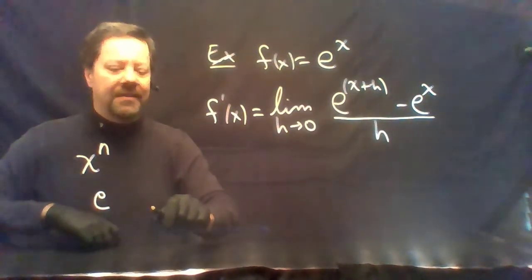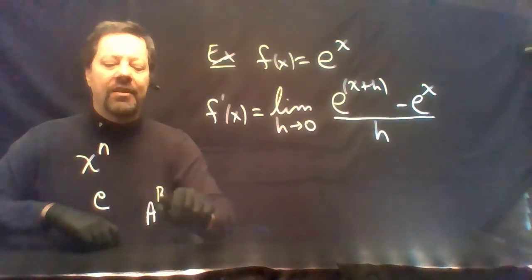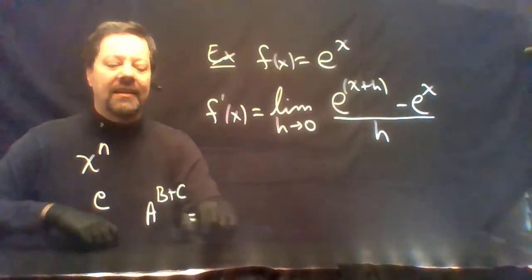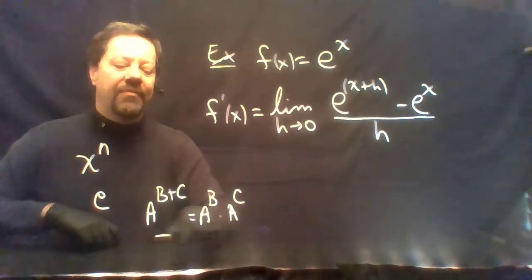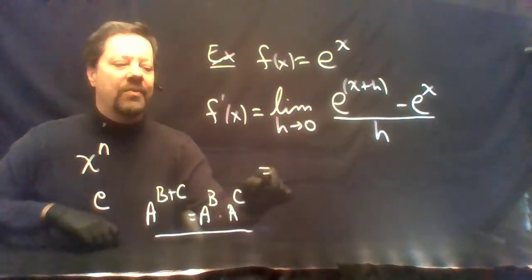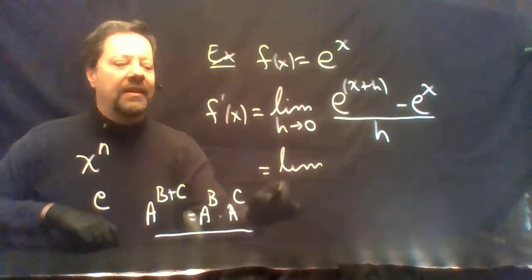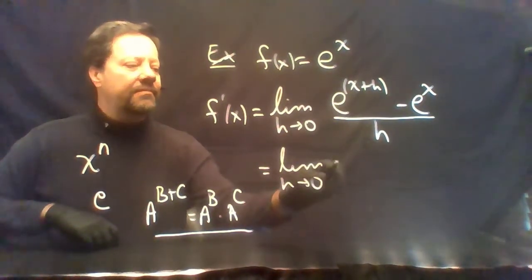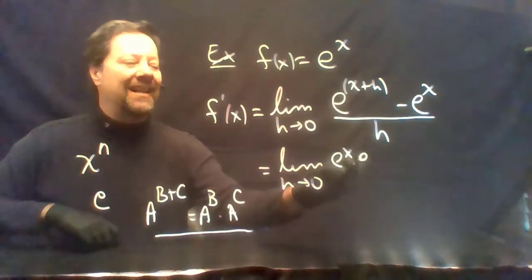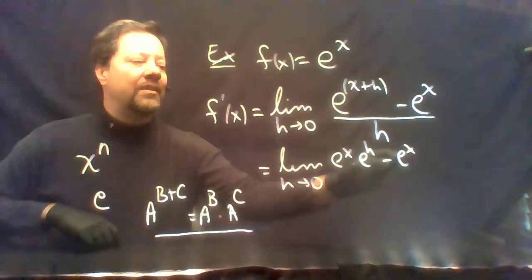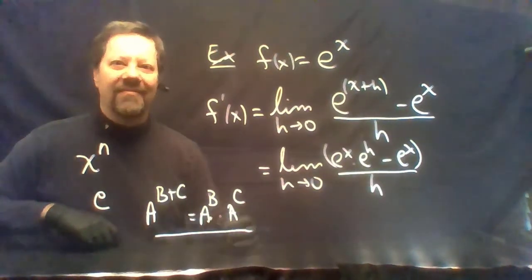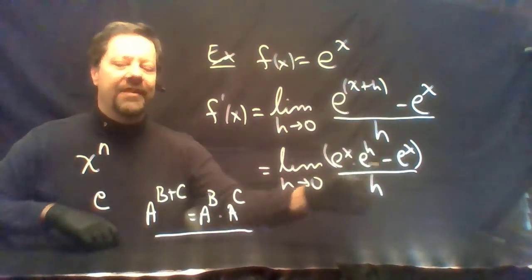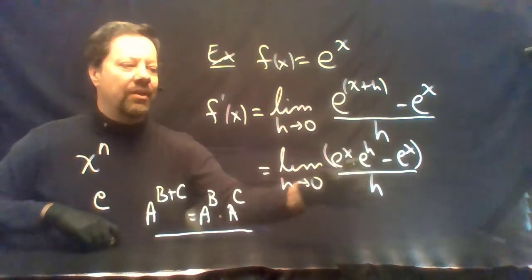Now remember this, if I have a to the power of b plus c, that's a to the power of b times a to the power of c. So we have the limit as h goes to 0, e to the x times e to the h minus e to the x all over h. The numerator of the difference quotient has two terms.